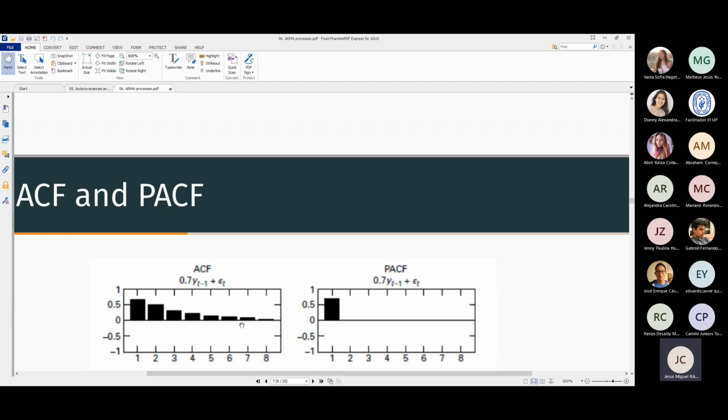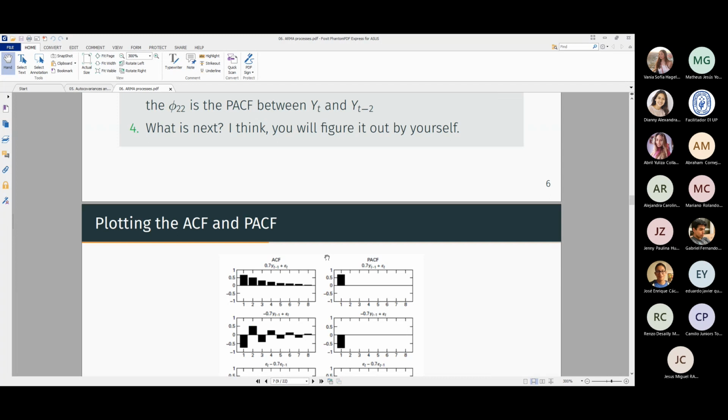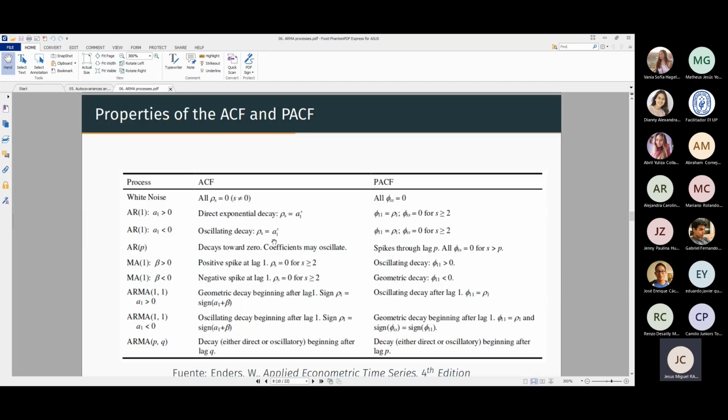Then you say, okay, this looks like this, so according to the table that our professor showed us, I will run an AR1, or maybe MA1 or an ARMA(p,q), whatever.